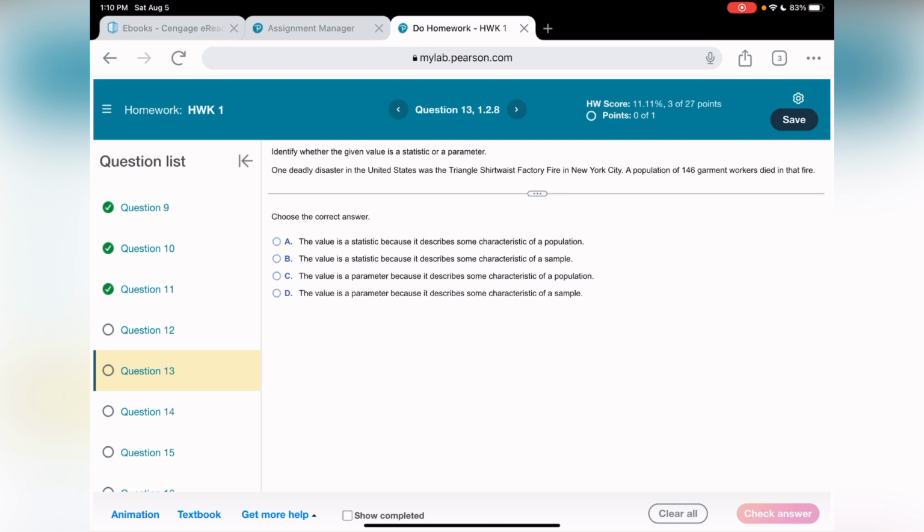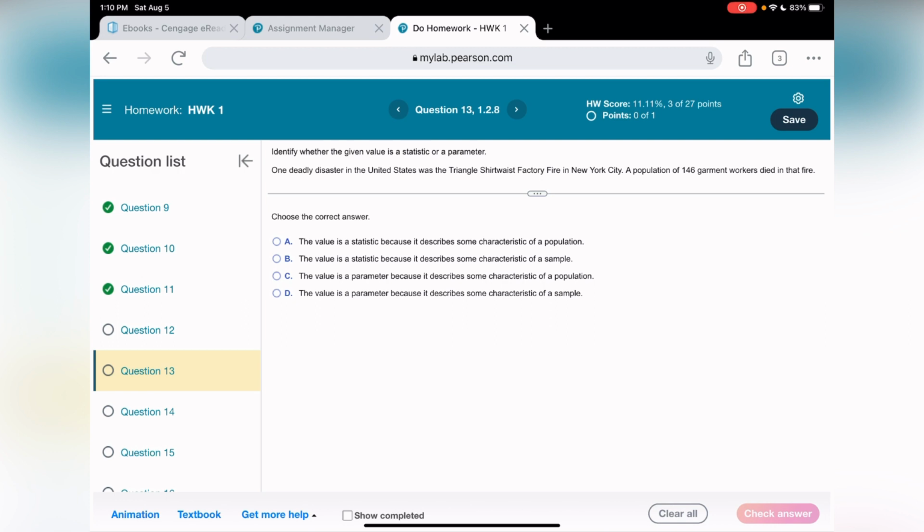This is also about parameters and statistics. Here is one thing you have to be careful about when you're identifying a parameter or a statistic. Let's say it says, for example, 3,000 people in the United States were asked their age, so we can draw a result on the average age of people in the United States. Just the fact that they drew 3,000 people means those 3,000 are the sample, right?